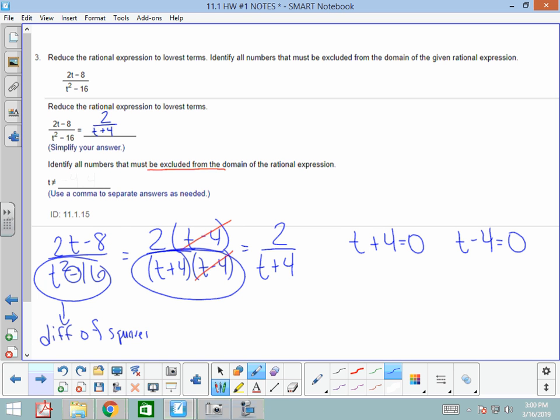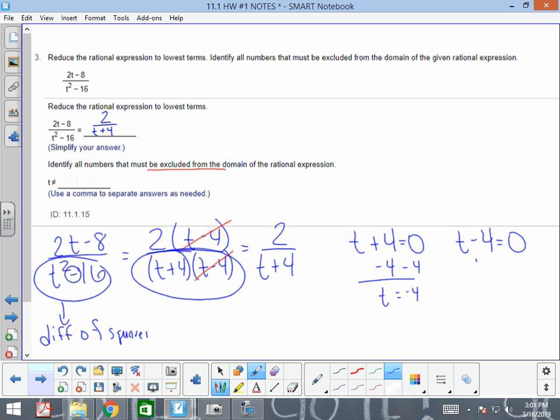So t plus 4 equals 0 and t minus 4 equals 0. So we solve each for t, and we have 2 excluded values, negative 4 and positive 4. So these are the values that t cannot be equal to, or this will be an undefined expression.